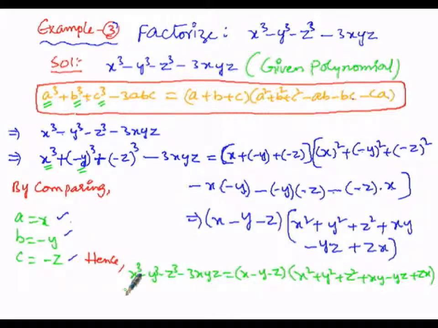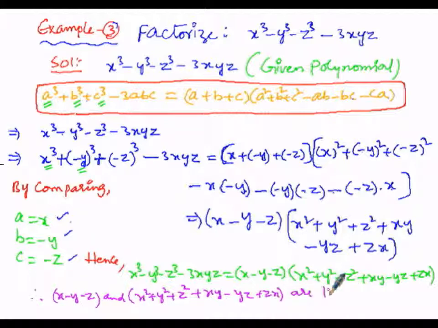Therefore x minus y minus z and x square plus y square plus z square plus xy minus yz plus zx are the factors of the given polynomial, that is x cube minus y cube minus z cube minus 3xyz.